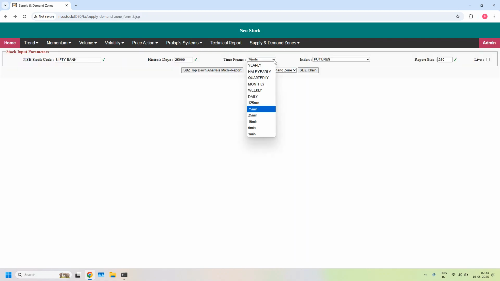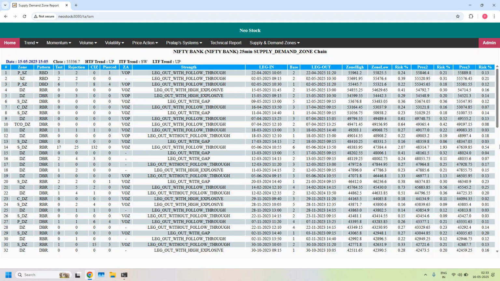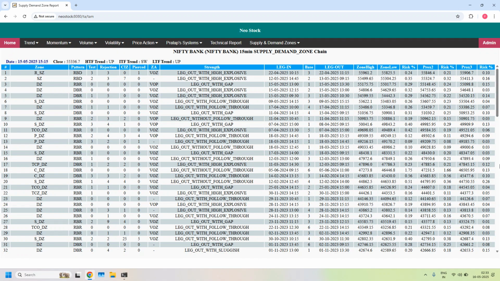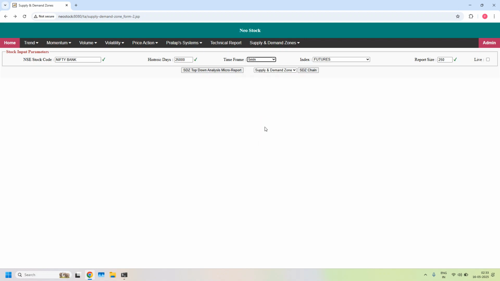Next, 25-minute supply demand zone chain for Bank Nifty. Next, 15 minutes supply demand zone chain for Bank Nifty. Next, 5 minutes supply demand zone chain for Bank Nifty.